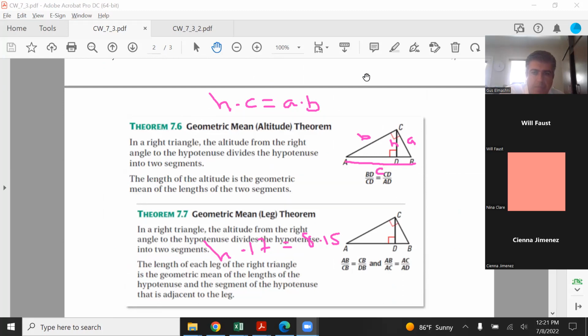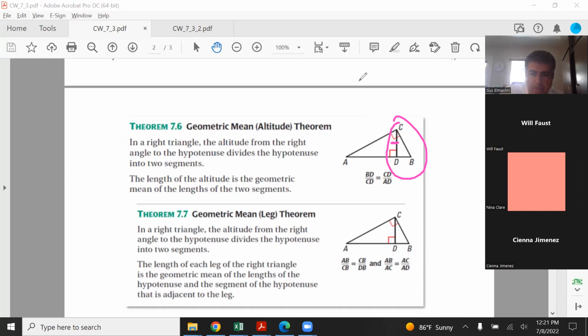But you can see how CD acts as a small leg for this triangle, but a big leg for that triangle. So that's one way of looking at it.